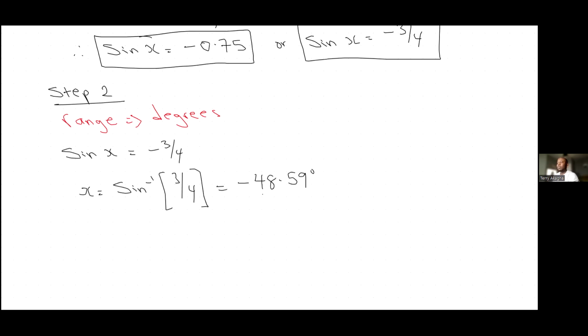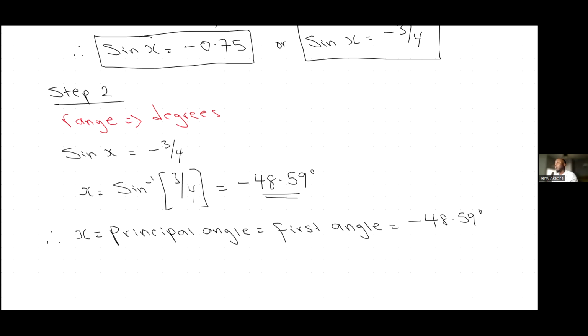So now we can say x, which is equal to the principal angle, or you can call it the first angle in this question, is equal to minus 48.59 degrees. Okay, so we've gotten our first angle in step 2.